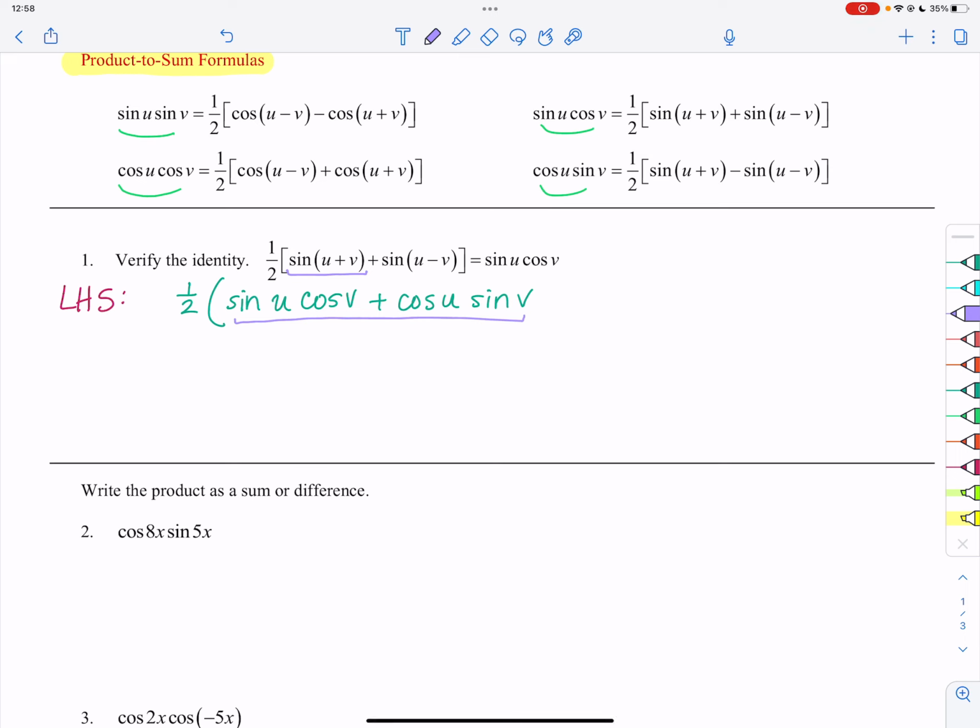Then we have plus the sine of u minus v, and that difference is the sine of u cosine of v minus the cosine of u multiplied by the sine of v.